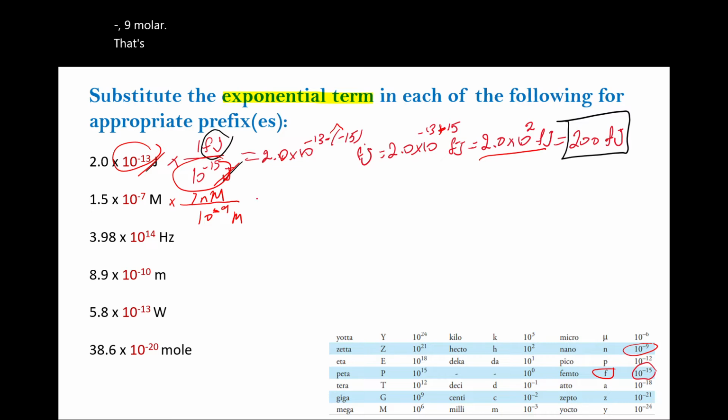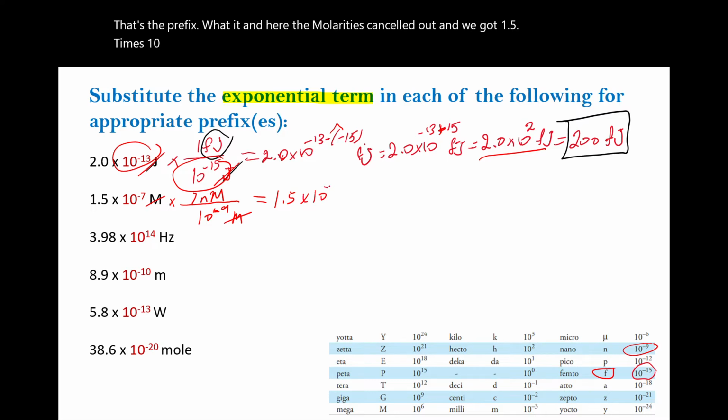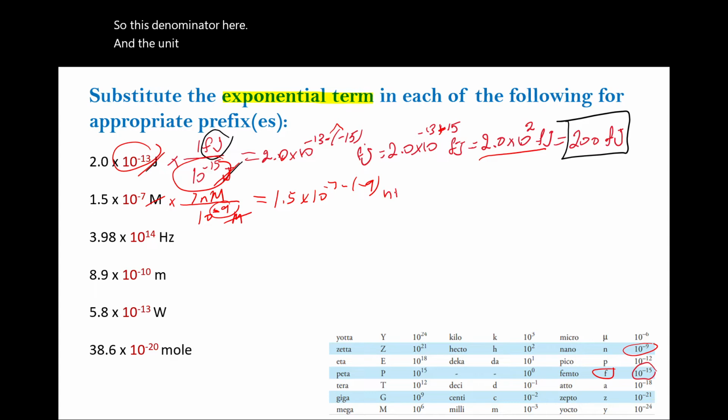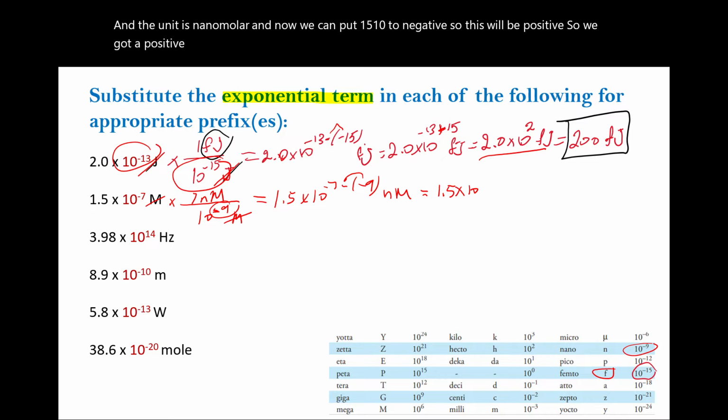And here the molarity is cancelled out, and we got 1.5 times 10 to negative 7 minus negative 9, so this denominator here, and the unit is nanomolar. And now we can put 1.5 times 10, so this will be positive. So we got positive 9, negative 7, so it is 2.